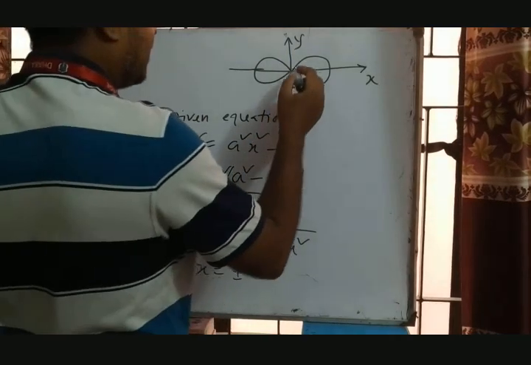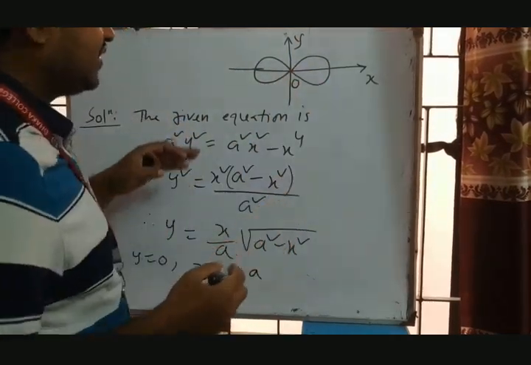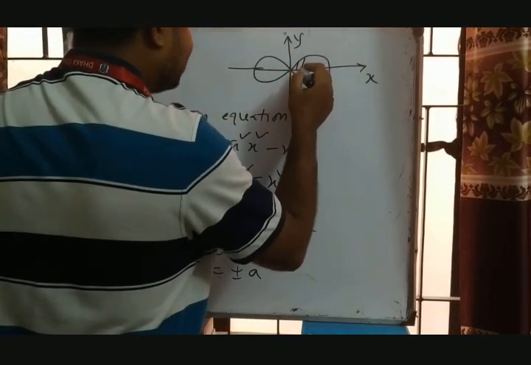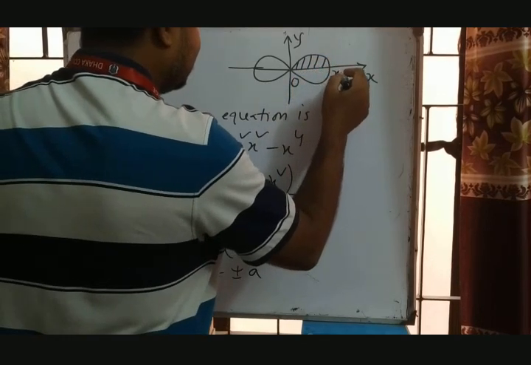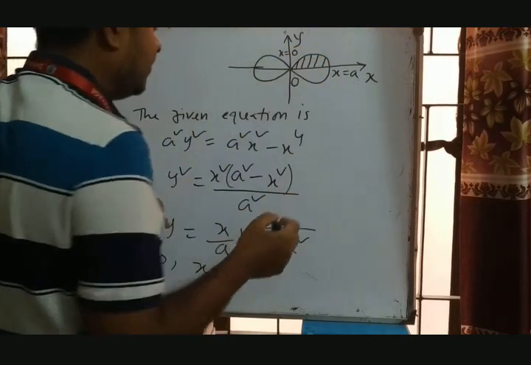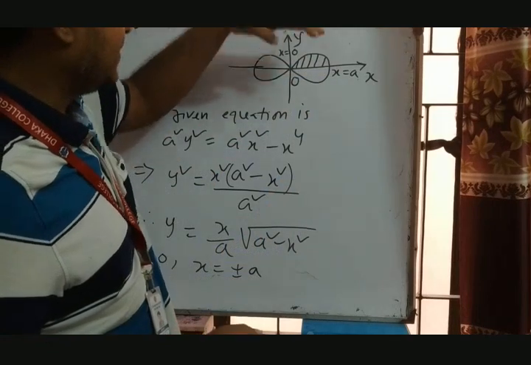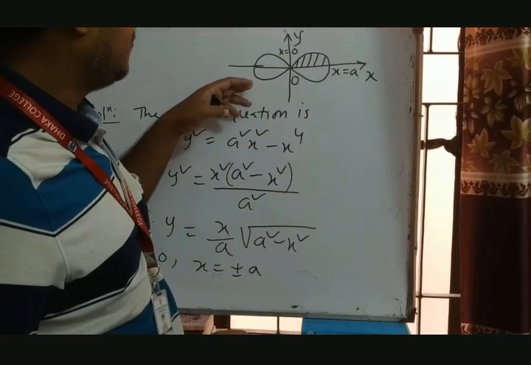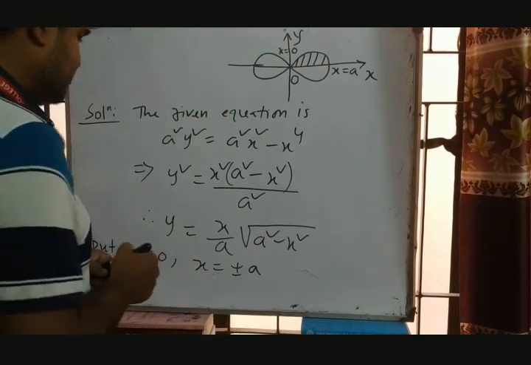We can see that the curve has made two loops, which is symmetric about the x-axis. So if we first find the area of this region, this is x is equal to a, this is x is equal to 0. So if we find the area 0 to a above the x-axis, then multiply the area by 4, then we can get the whole area of this curve.